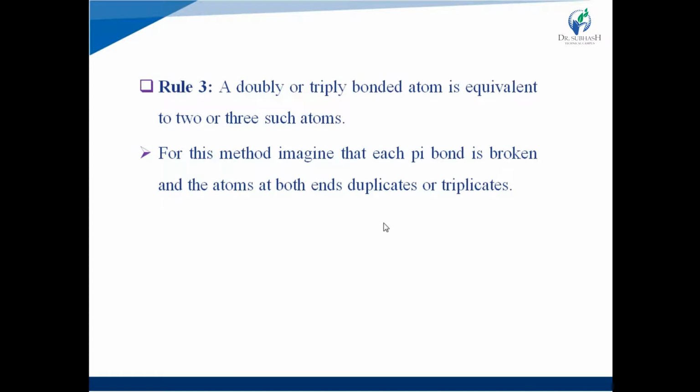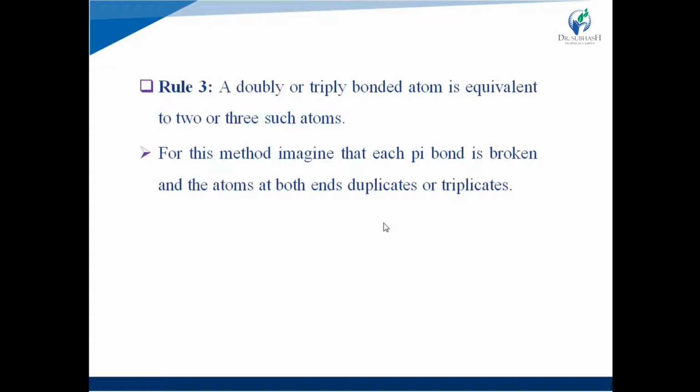Now rule 3. A doubly or triply bonded atom is equivalent to 2 or 3 such atoms, right? In many cases, the chiral center is attached to a group in which atoms are bonded by double or triple bonds. In this type of case, the double or triple bond is considered equivalent to 2 or 3 such atoms attached to the doubly or triply bonded atom.